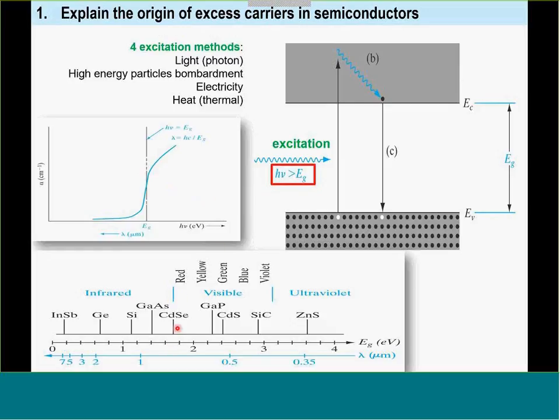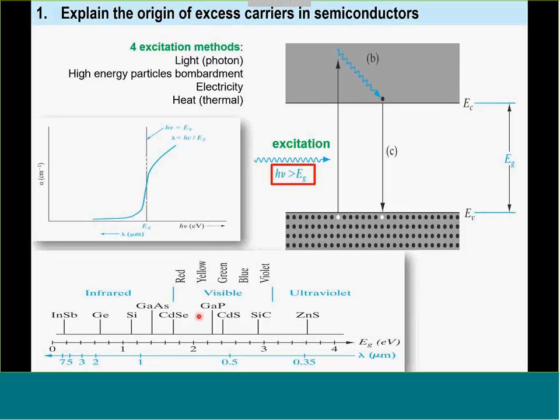Okay, if we look here again at this diagram, the x-axis represents the E gap. Different materials have different energy band gaps. If we look here, for germanium, the E gap corresponds to the infrared region. So does silicon and also gallium arsenide.